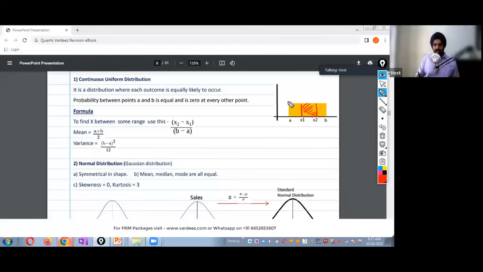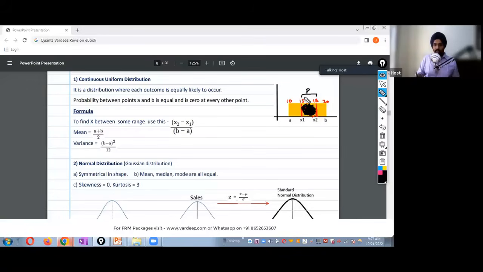So let's say A is 10, B is 20, X1 is 15, and X2 is 18. You want to find the probability within a range, between 15 and 18.